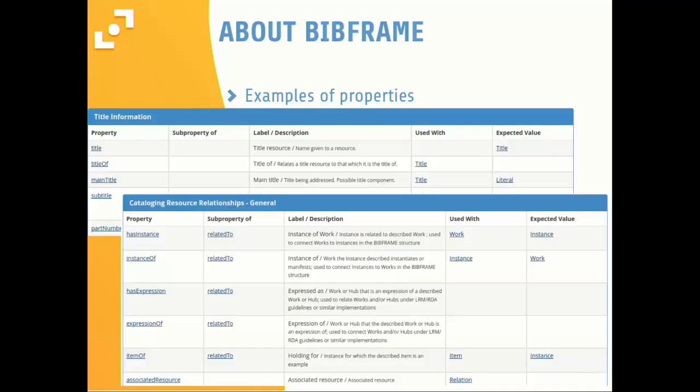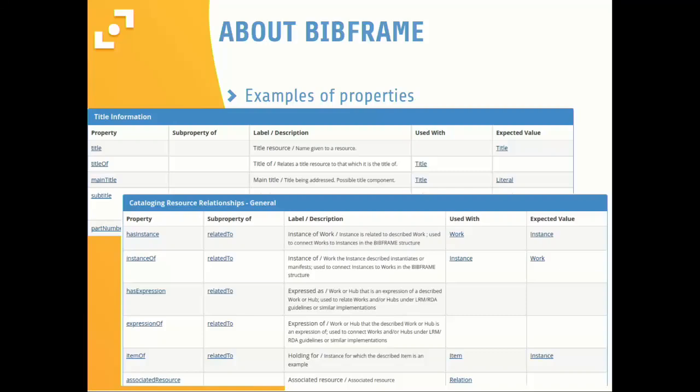Here are a few examples of Bibframe properties. Some properties describe the content of a work or an instance, for example the title, main title, subtitle, etc. Other properties describe the relationships between the entities.